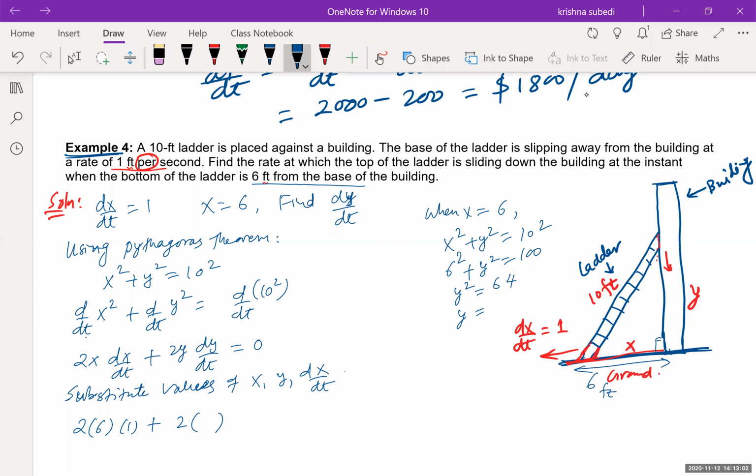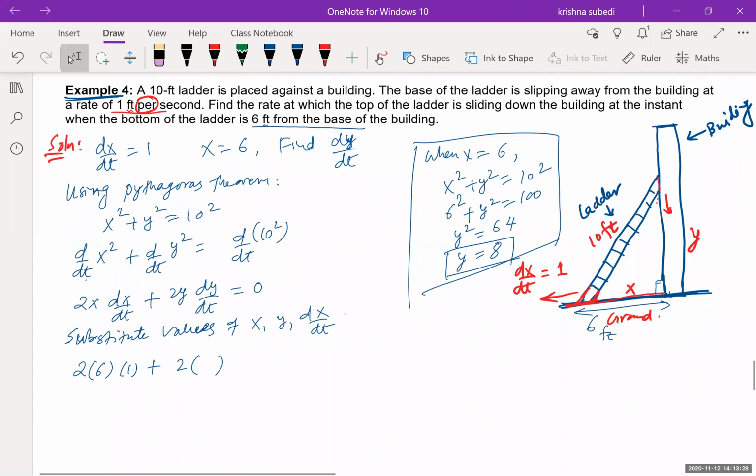So y is plus or minus 8. But since we are talking about length, a distance, no negative sign. So y equals 8. All right. Sometimes you need to go back to the figure, and whatever information is not explicitly given in the question, you may want to find using some geometry from high school.